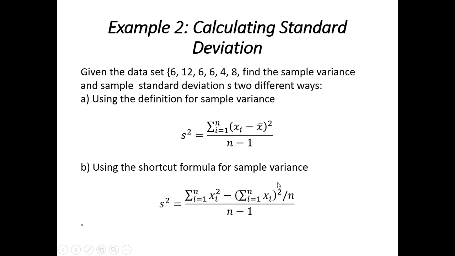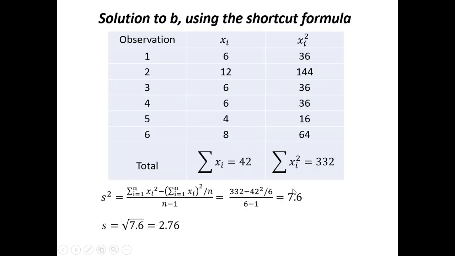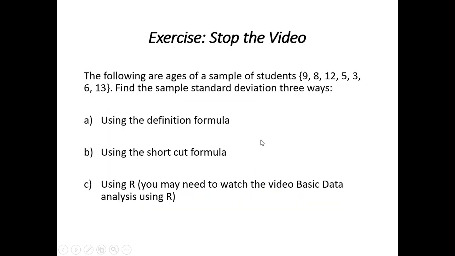And then part B is to find the standard deviation using the shortcut formula. I would suggest stopping the video and practicing these two different ways of finding a standard deviation.